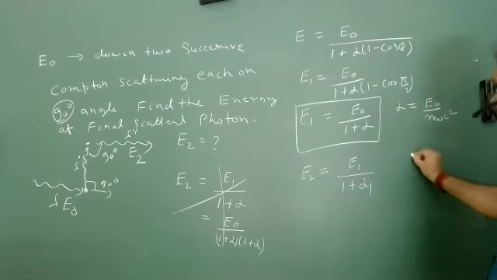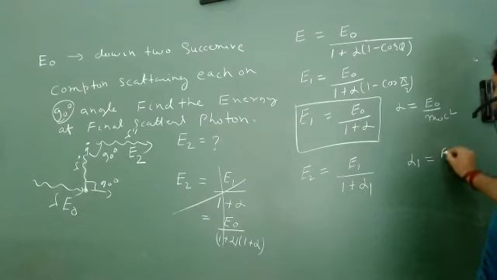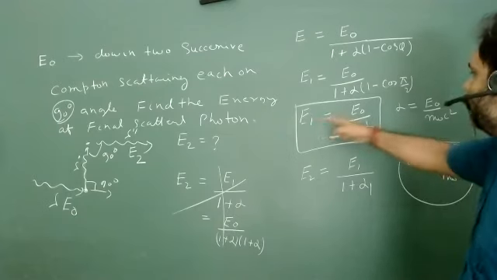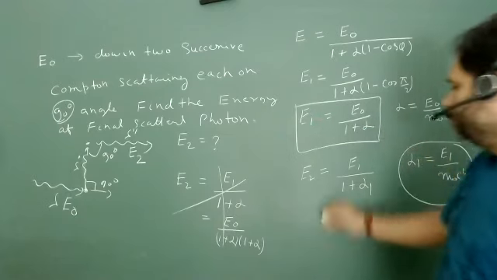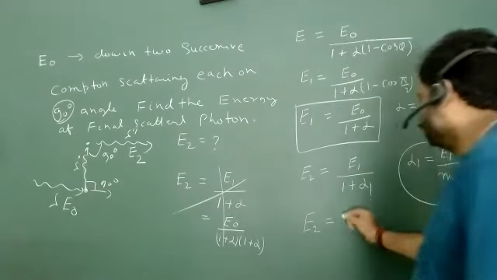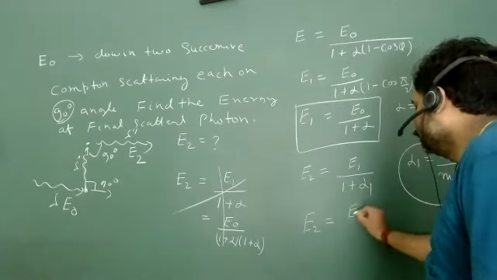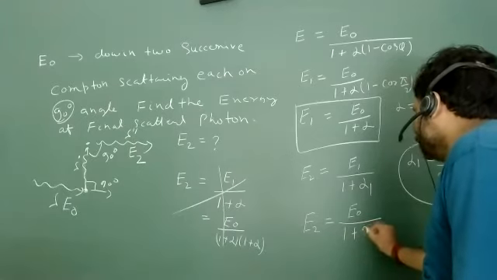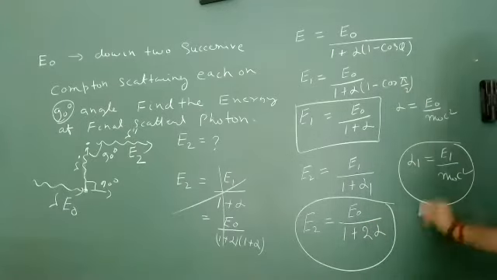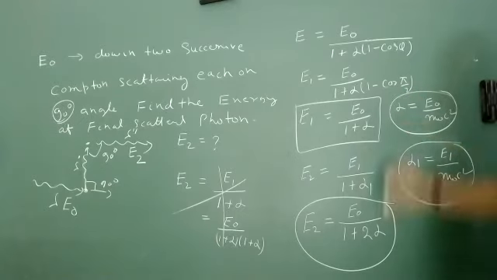And what is alpha 1? Alpha 1 is given by E1 by m naught c square. Now you can put the value of alpha 1 and the value of E1, and then you will get the answer. E2 is equal to E naught over 1 plus 2 alpha, and alpha is E naught by m naught c square.